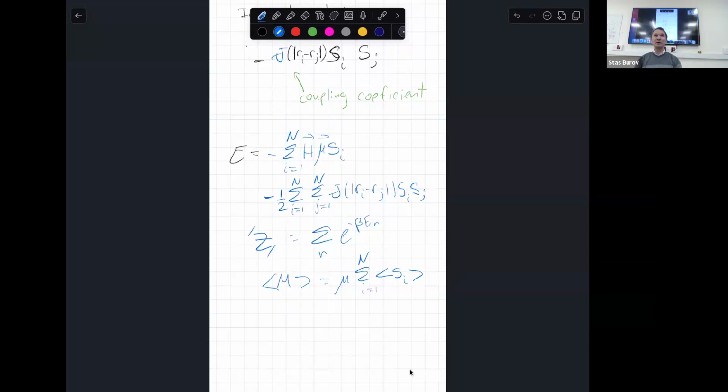Nobody knows how to solve the two-dimensional case with external field, but the search for understanding what happens and how it behaves, that's what gave rise to the whole theory of phase transitions, renormalization group, and the theory of equilibrium and non-equilibrium statistical physics.